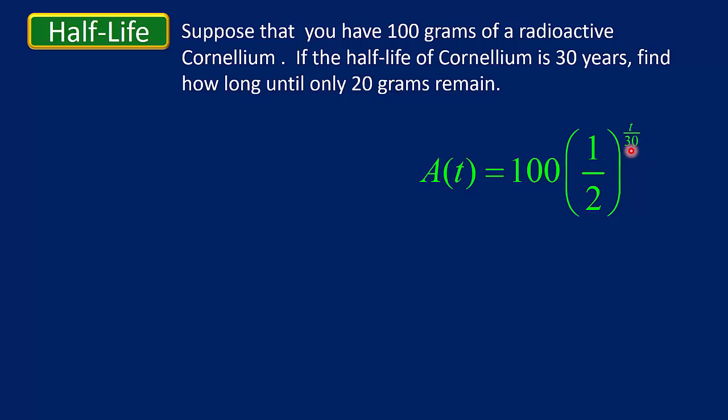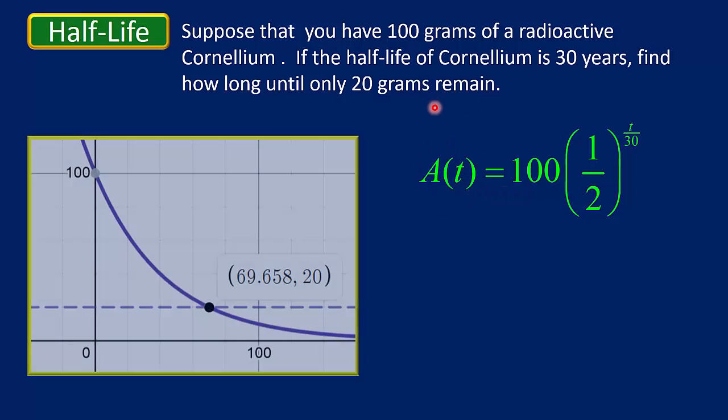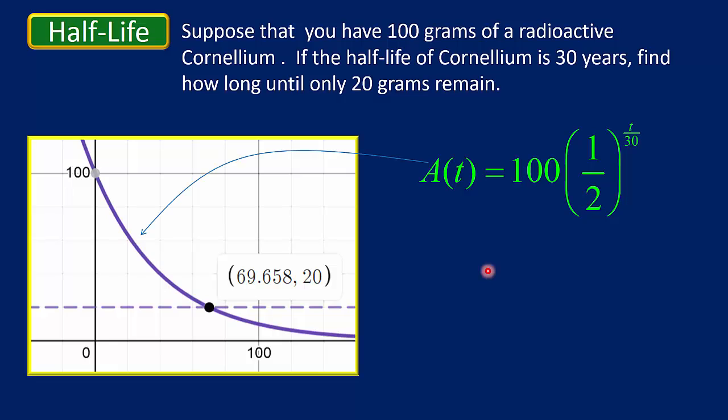Now we want to know, this is the amount of the substance left. When will this A of t equal 20? Well, a good way to figure that out is just look at the graph. Notice we have the model here, 100 times 1/2 to the t over 30, that's this.